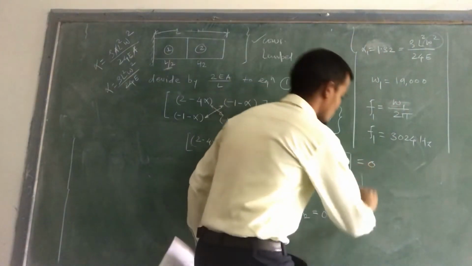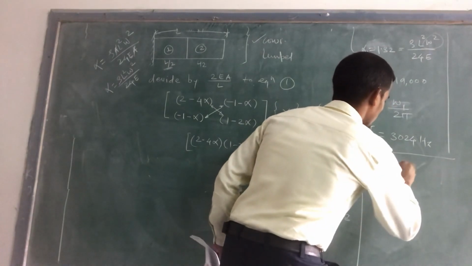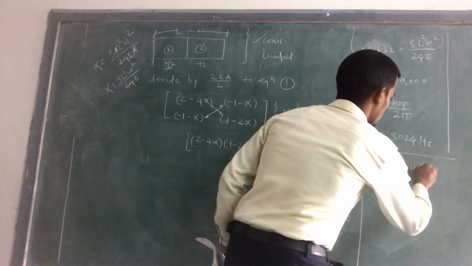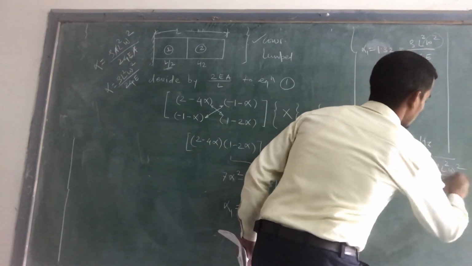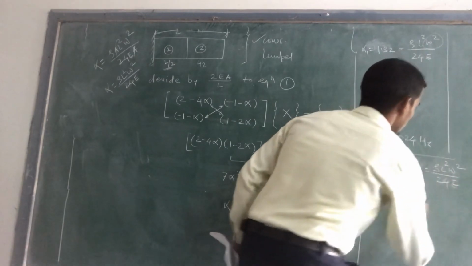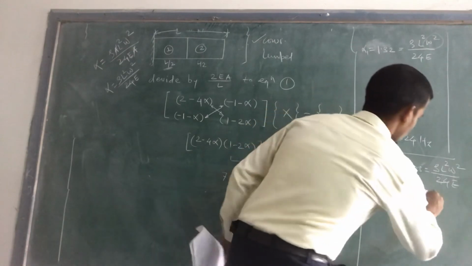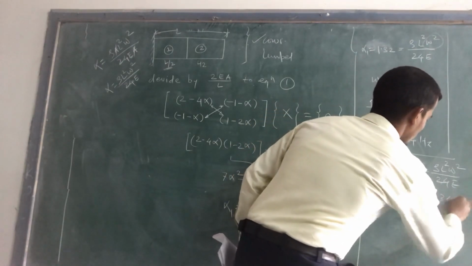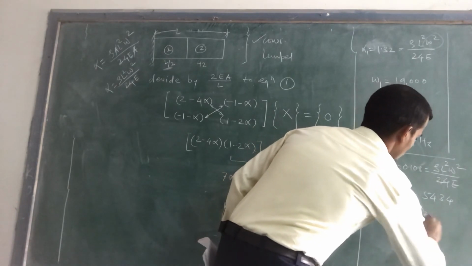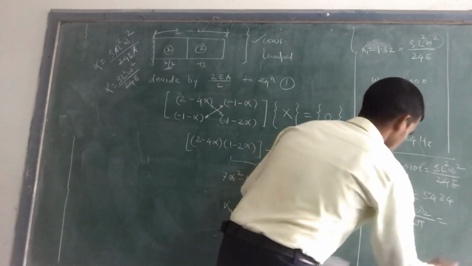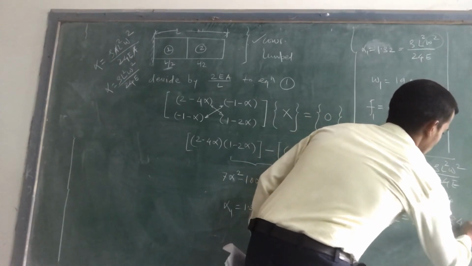Similarly, for alpha 2, alpha 2 is equal to 0.108, which is equal to rho into L square into omega square divided by 24 times E. By putting all the values, you will get omega 2. Omega 2 is equal to 5434, and as we know, frequency F2 is equal to omega 2 divided by 2 pi, and this final value is equal to 846.99.